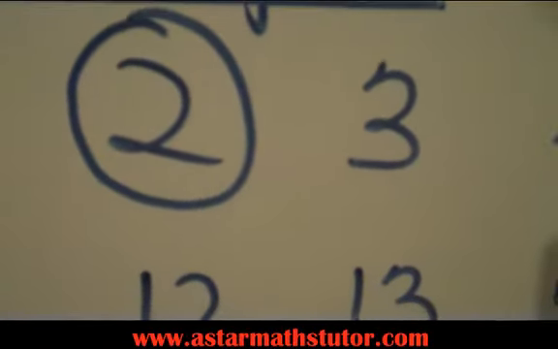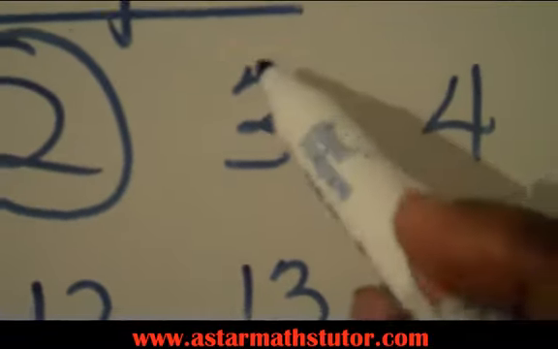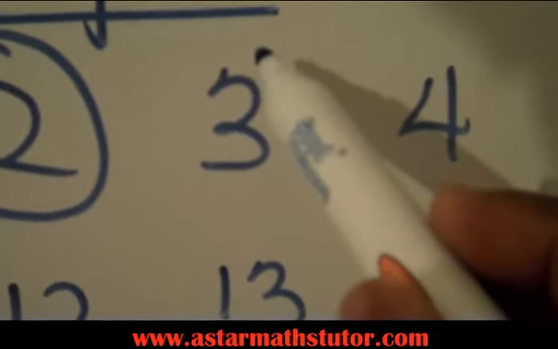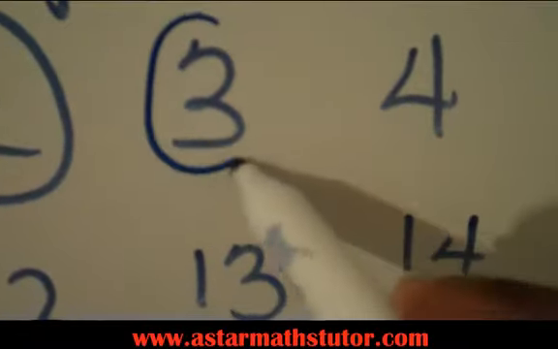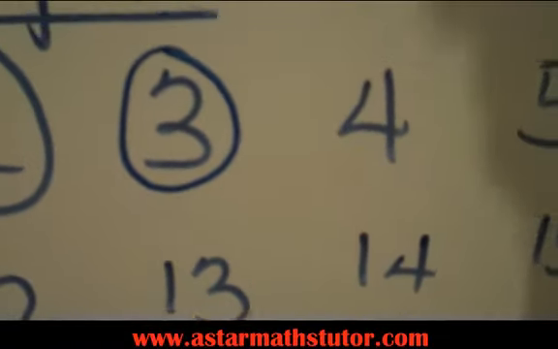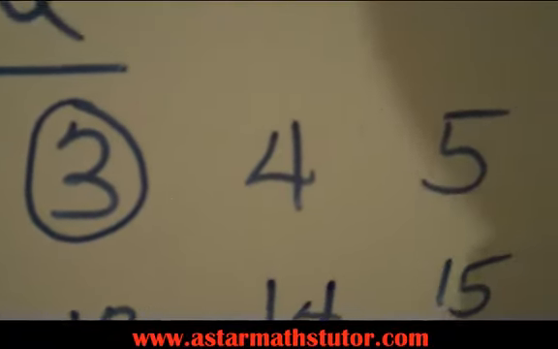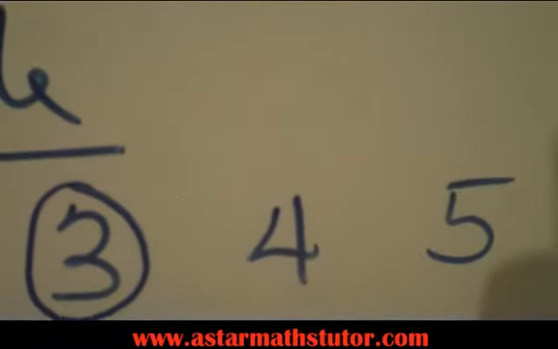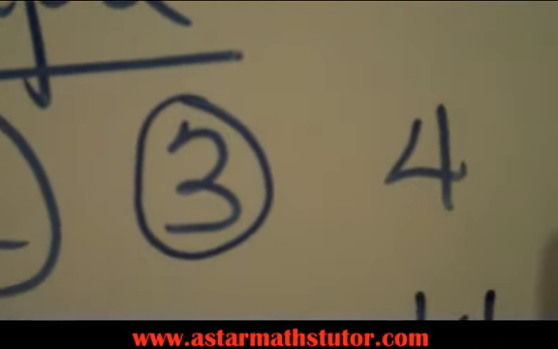The next prime number is 3. 3 is a prime number because it can only be divided by either 3 itself or by 1.